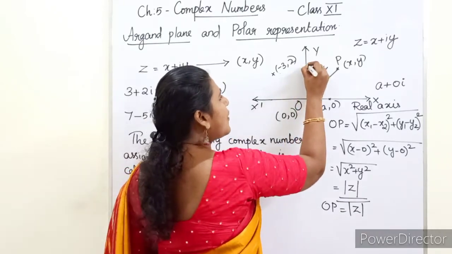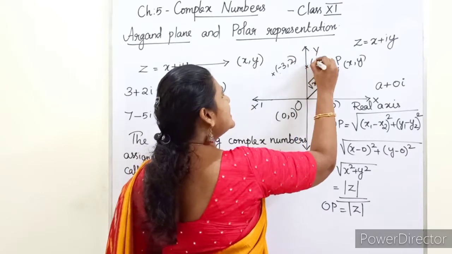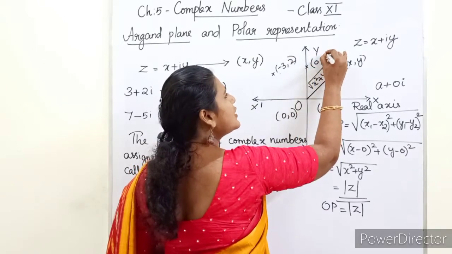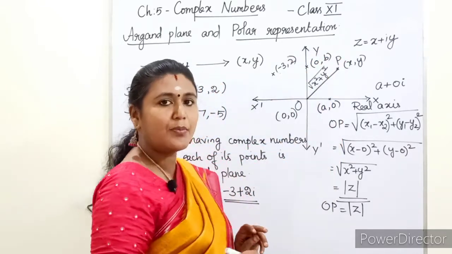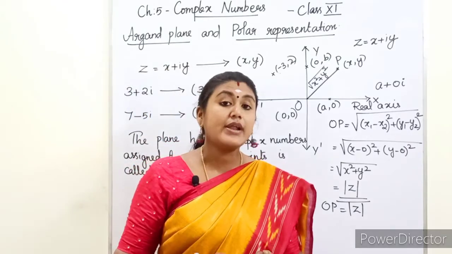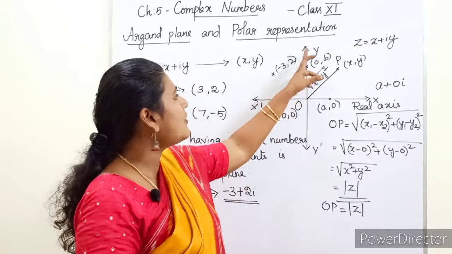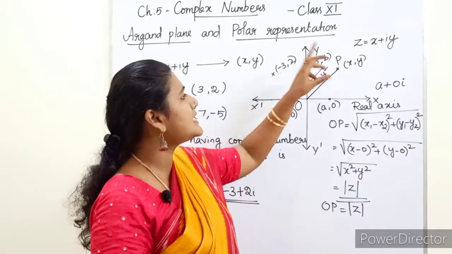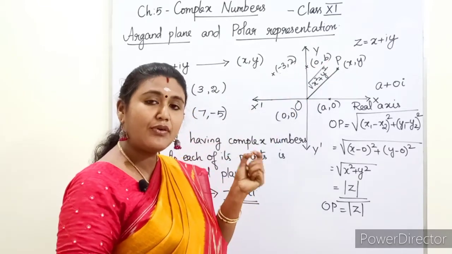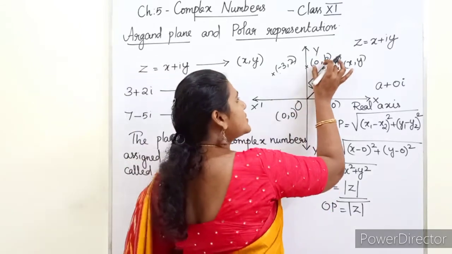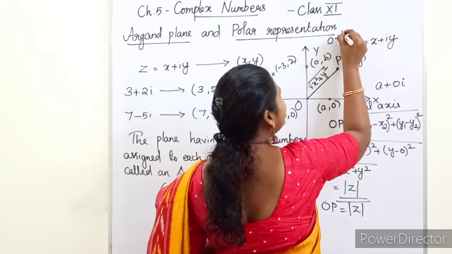Similarly, if you take a point on the y-axis, it is of the form 0 comma b. You know that the x coordinate of all the points on the y-axis will be 0. So the point on the y-axis will be of the form 0 comma b. Therefore the complex number that corresponds to this point is 0 plus bi.